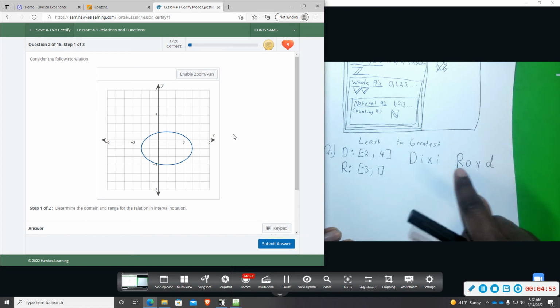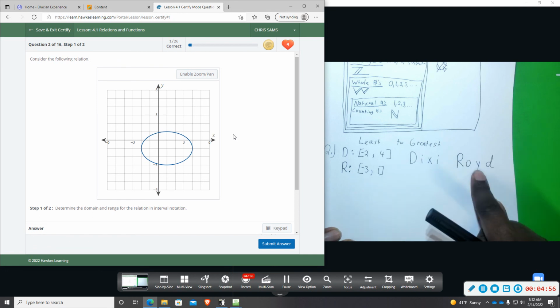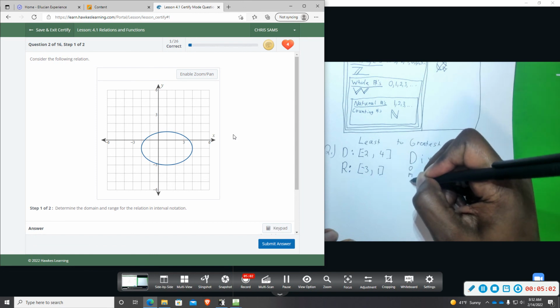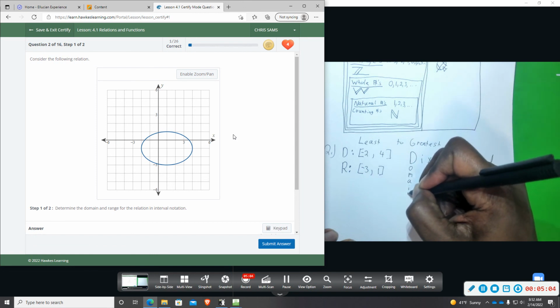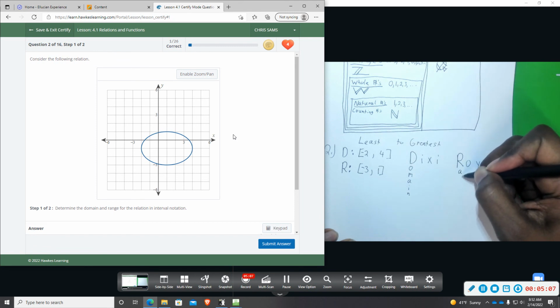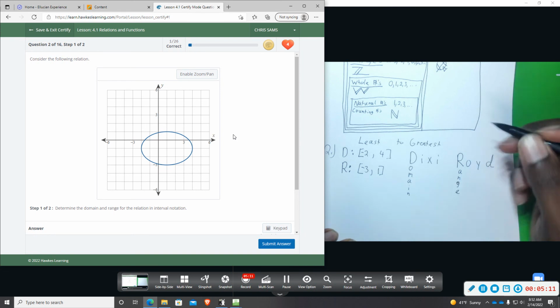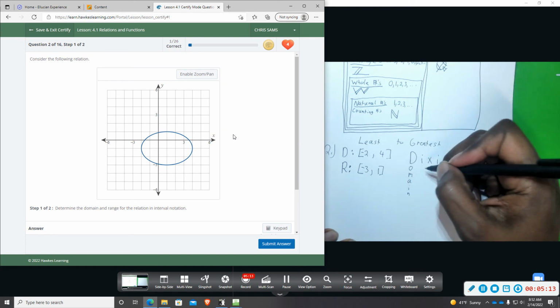And all of these letters just represent the different names that we give for X and Y. So D is for domain. R is for range. I is for input.